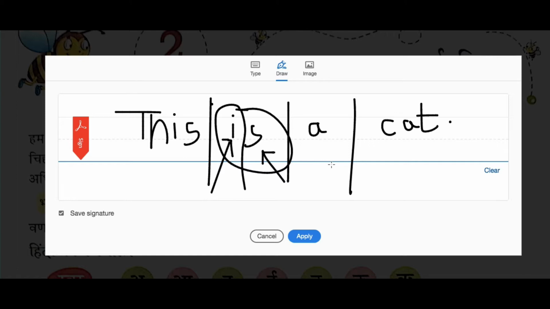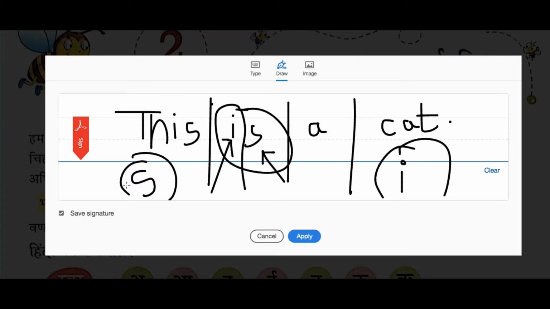But now come to the individual I. Can you divide this I anymore? No, you can't divide it. Can you divide this S? No, you can't divide. So this I or S is the smallest unit in the English language.